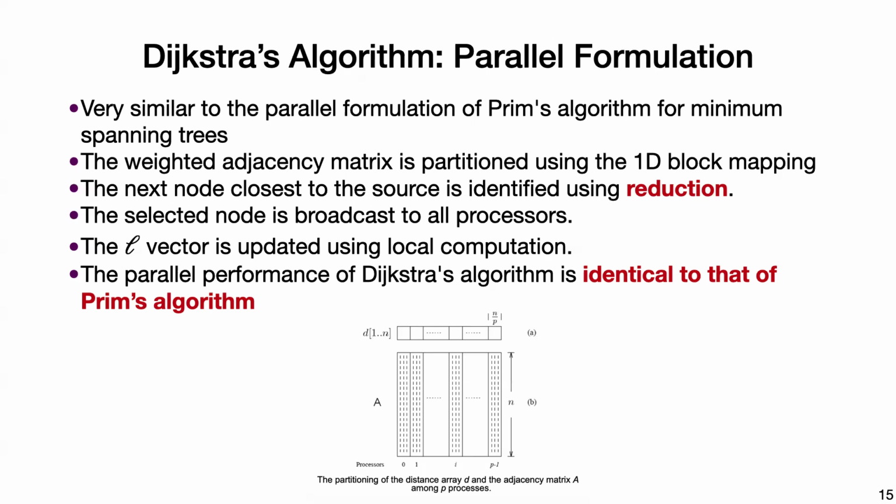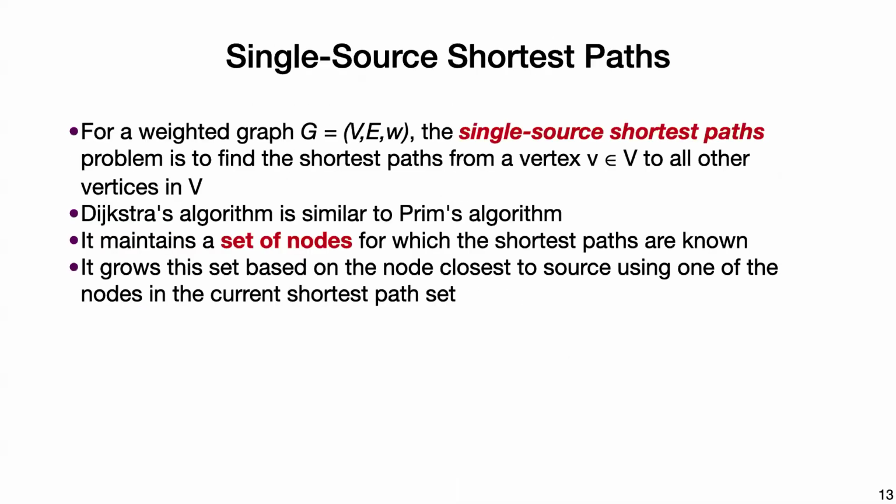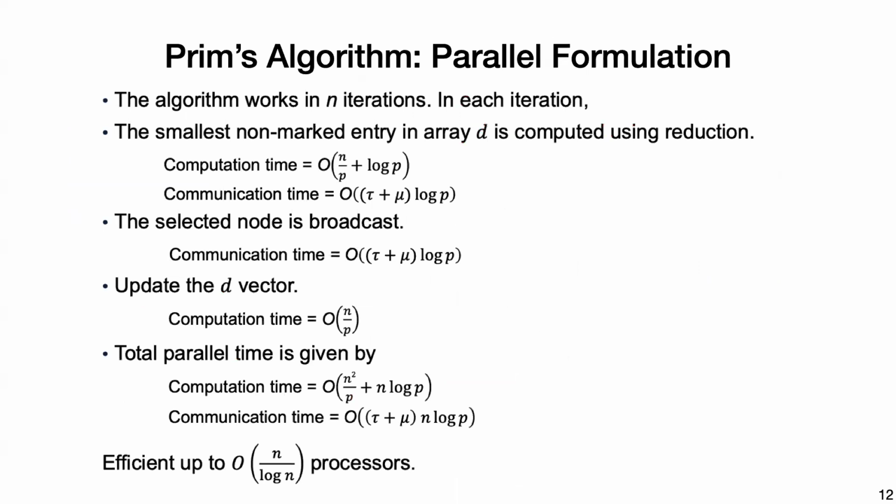Computation time. This becomes more expensive, updating the d vector, because previously it was n over p. But this becomes cheaper because, over here, I think this is just now 1, because you can just look at the head. So it's log p, but now this becomes higher.